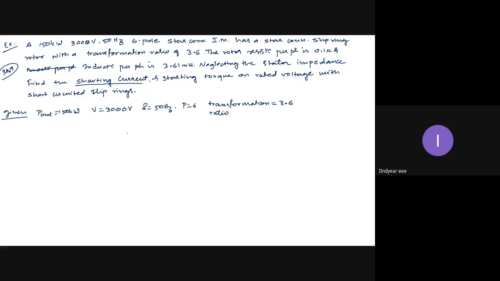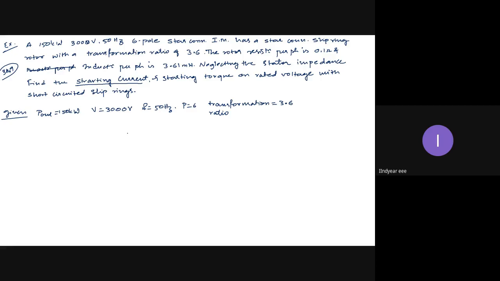Remember, in an induction motor the rotor induced EMF is always lesser than the stator induced EMF, because generally the rotor conductors per phase are fewer than the stator conductors per phase. There are various reasons for that; when we study them, we'll look into that.